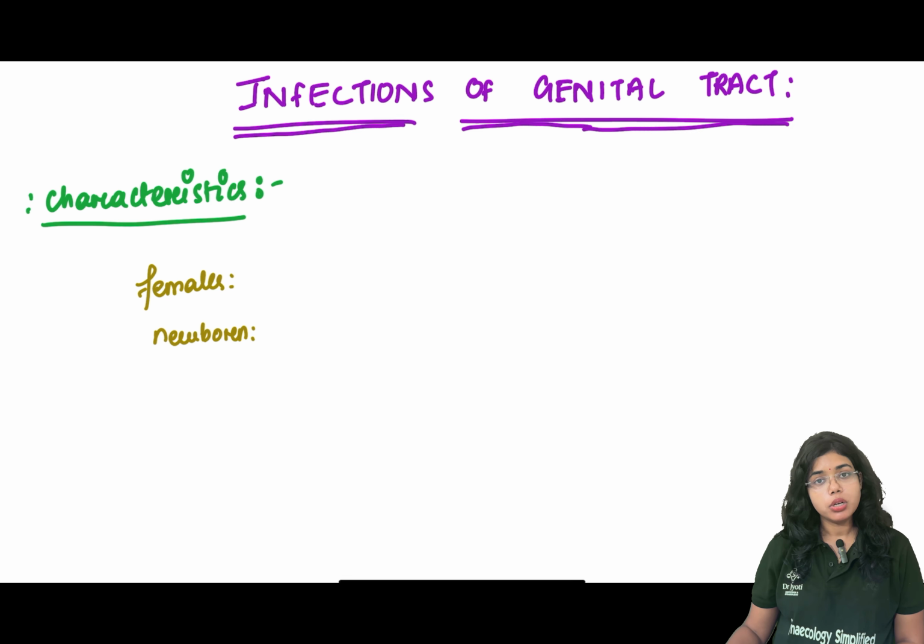First we will learn about the normal characteristics of the vagina, how the vagina is protected, what the normal pH is, and what the normal flora of the vagina is. When infection occurs, what changes occur, what are the hormonal changes, what are the floral changes, how does the pH change, what does it look like, what are the symptoms, what are the signs, and what is the treatment.